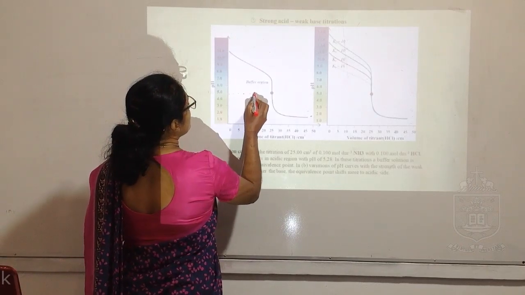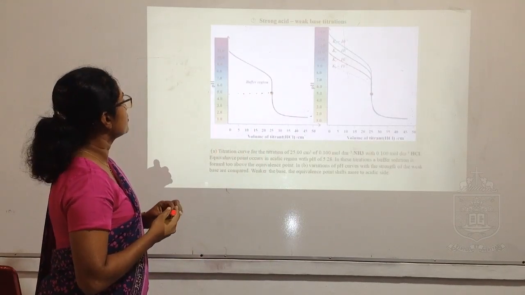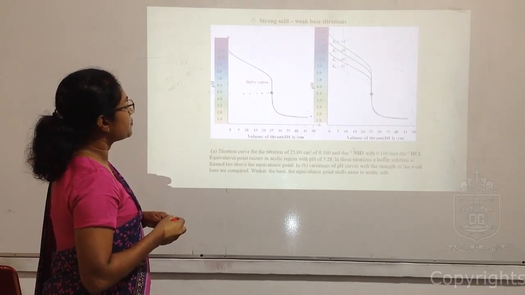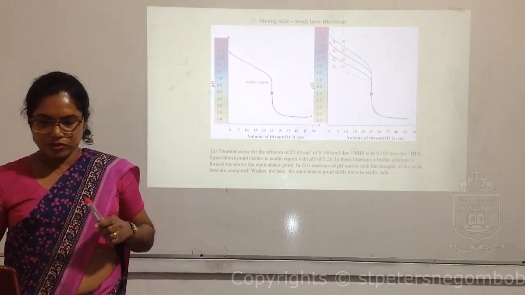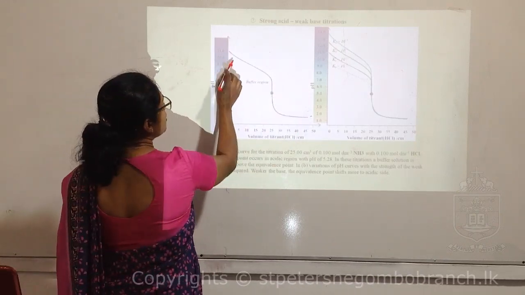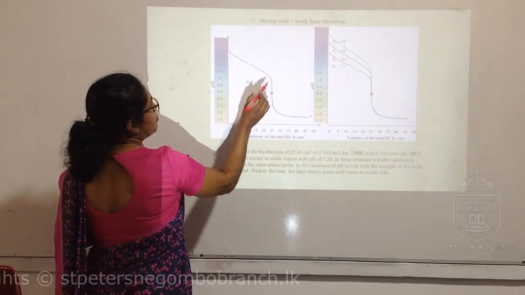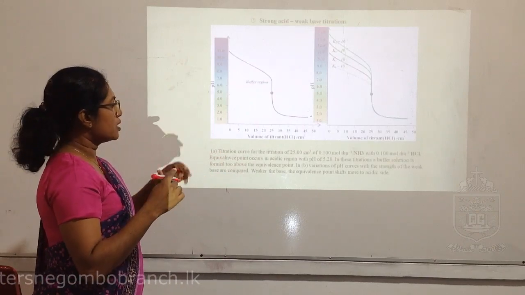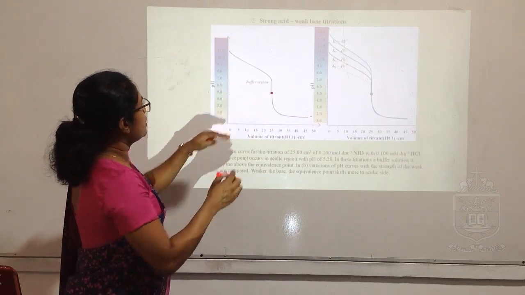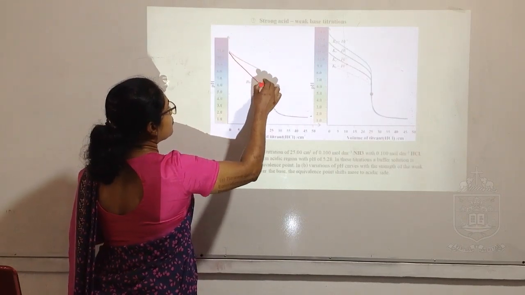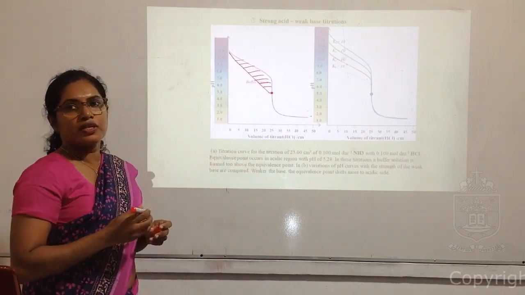The equivalence point lies between 4 and 5 pH. So in here also we can find the buffer region because we use a weak base, but the buffer region lies above the equivalence point. This is the equivalence point, and the buffer region you can see here lies above the equivalence point.